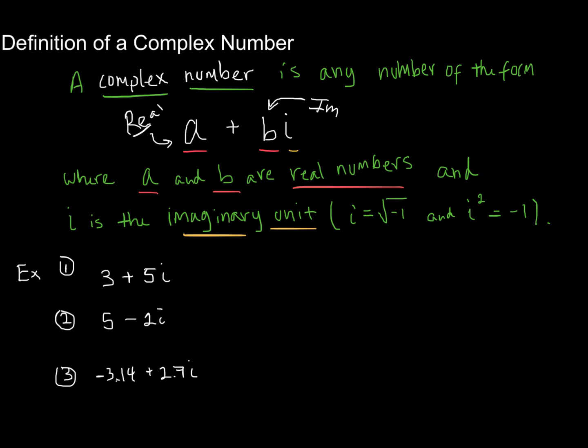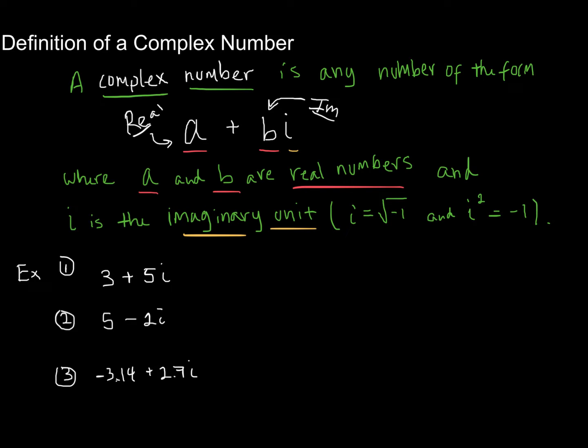And you might be saying, what do you mean b? b is a real number. Yes. The imaginary component, or sometimes it's called the imaginary part, abbreviated Im, is the b value, because the b value is always multiplied by i, meaning it is an imaginary component. And so we can talk about the real part of a complex number and the imaginary part of a complex number.